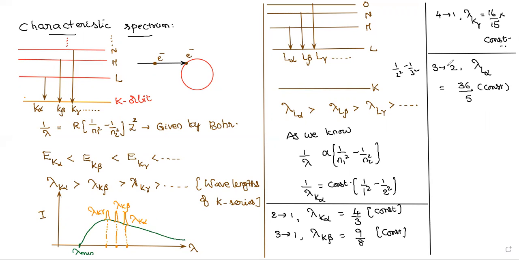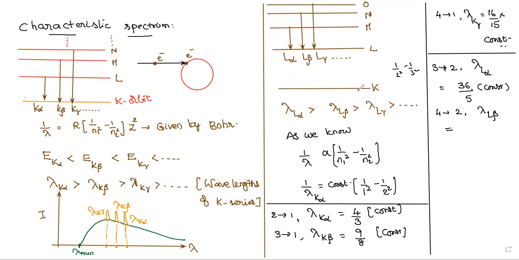If I'm not wrong, I think you are also checking along with me. 3 to 2 means 1 by 4 minus 1 by 9, 9 fours are 36, 9 minus 4 is 5, correct. Right.